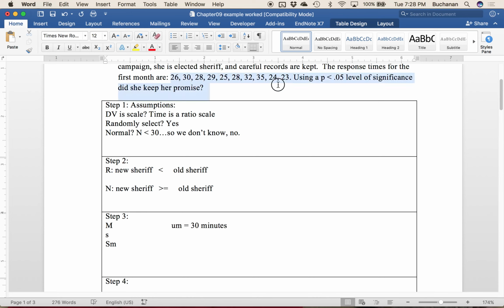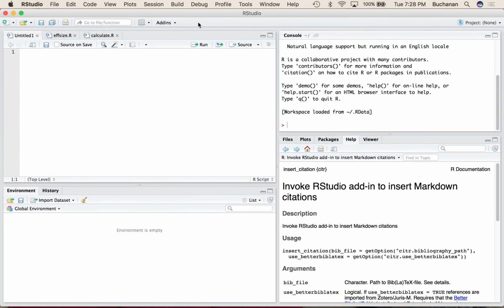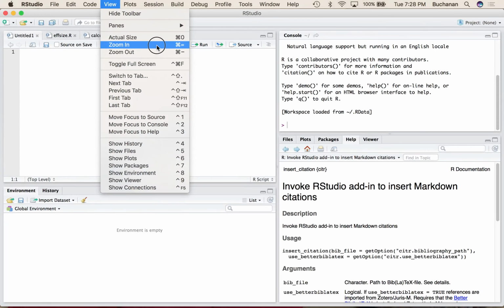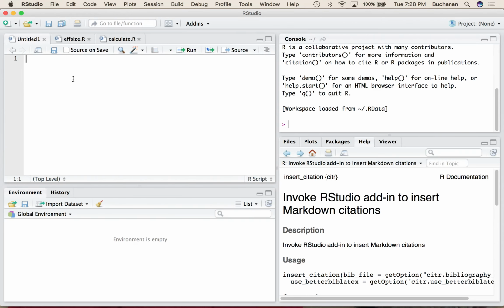I'm going to take all of this here, copy it, come over here to R, make this a little bigger, hopefully you'll be able to see it, and create a vector of data that has all of those numbers. So let's say my data equals combine.